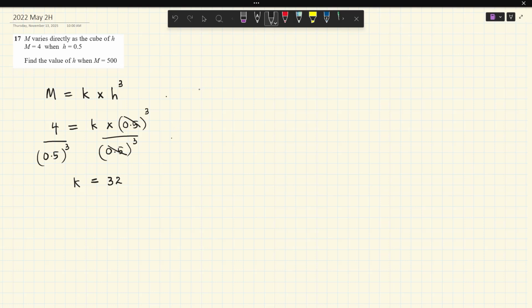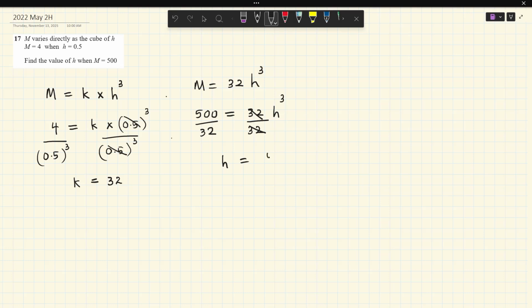Now we can write the formula, m equals 32 h to the power 3. Now they say we need to find h when m equals 500. So m equals 500 equals 32 times h to the power 3. Then both sides divide by 32, and 32 gets cancelled.